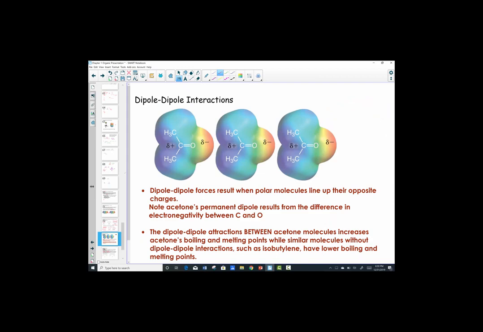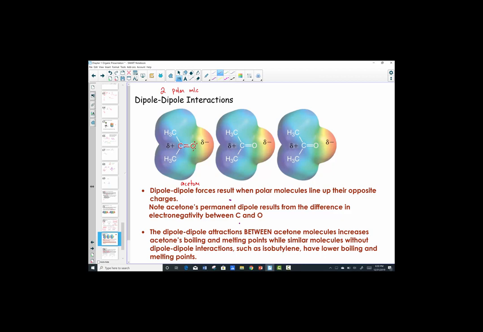Now, a second intermolecular attraction is known as a dipole-dipole interaction. Two polar molecules interact with each other to create very strong intermolecular attractions. This is a molecule written up due to electron charge known as acetone. It has a central carbon atom leading out to a double bond oxygen.